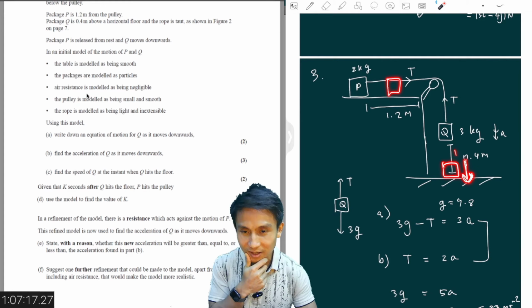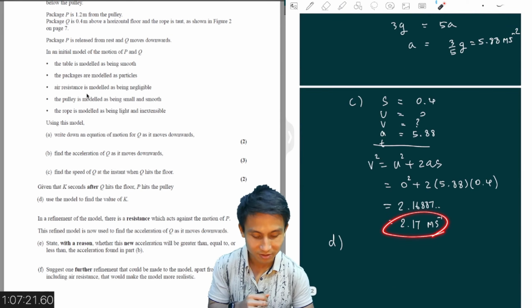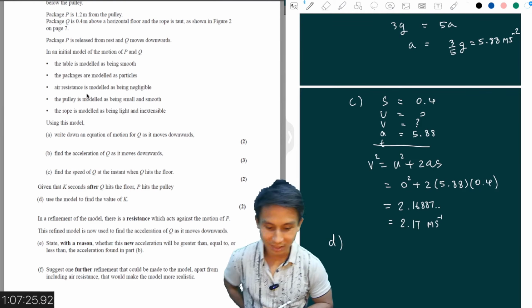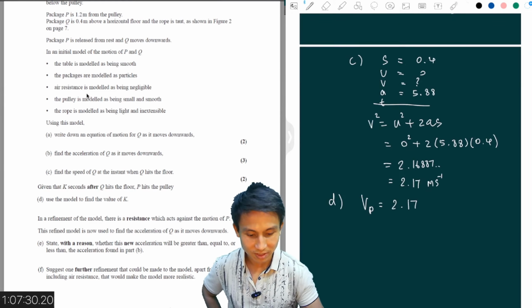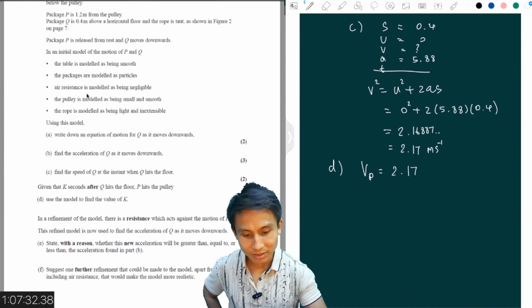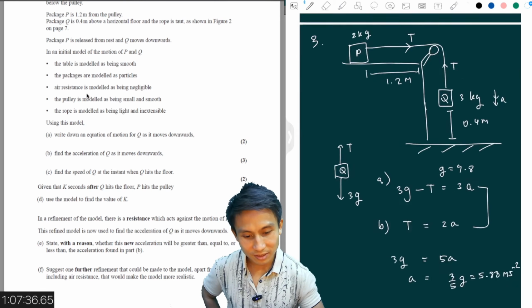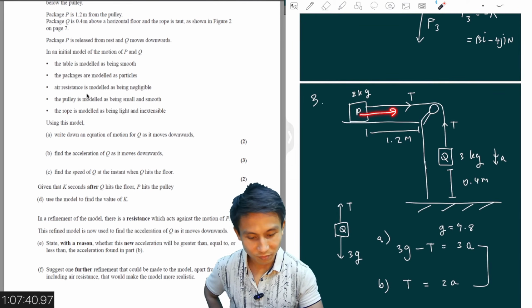So if Q is moving down, the speed of Q hitting the floor was the answer to the previous part, 2.17. Then the speed of P at that moment is the same. So Vp is equal to 2.17 here. That means the remaining time T is just distance over velocity. The distance moved was 0.4 already, so we have remaining 0.8.